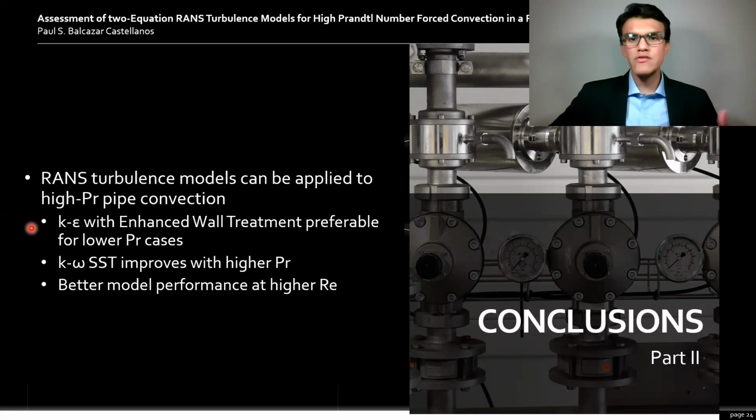On the other hand, as Prandtl number increases and modeling the viscous sublayer is more important, the K omega SST becomes preferable. And it underestimates the Nusselt number from the experimental data. Overall, both models perform better at higher Reynolds numbers, and it is because both models also perform better when there are no viscous effects present.